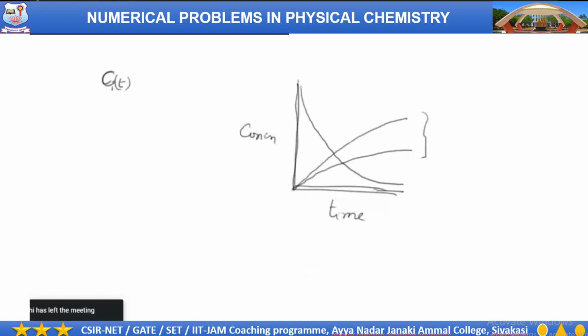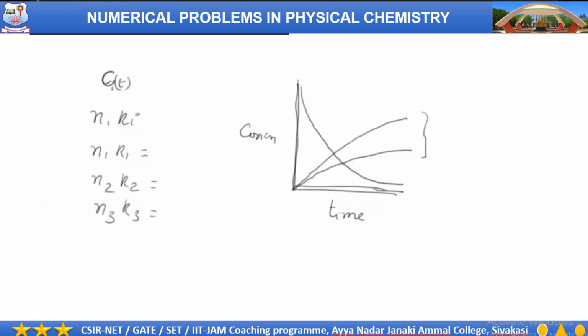I have already given it to you; for that you have to find out Ni, Ki. For the first one, N1 into K1 is equal to what? For the second one, N2 K2 is equal to what? For the third one, N3 into K3 is equal to what? Multiply and tell me the answer for B mode.